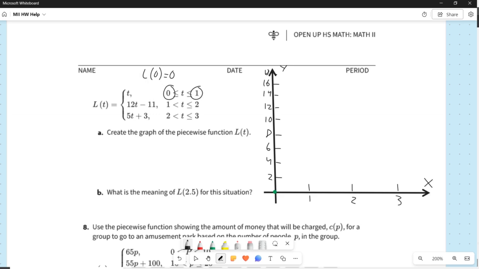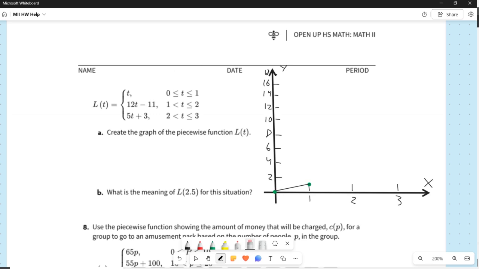And when you take a 1 and plug it in, L of 1 is 1. So our endpoint here for the first segment is going to be at 1, 1, which is right about there. And we can actually connect these, just like that. All right. That's our first piece of this graph.